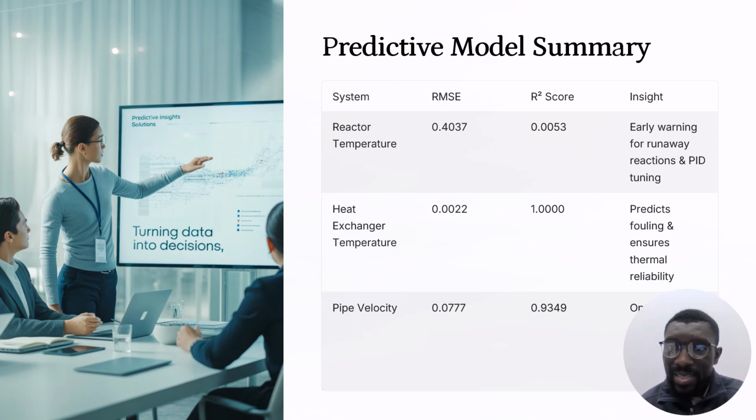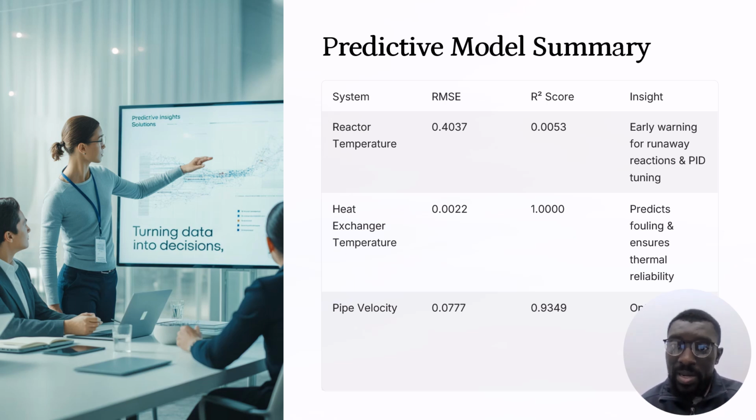The insight is early warning for runaway reaction and PID tuning. On the heat exchanger, we had a very small RMSE of 0.002, and the R square was actually high, which predicts the fouling and ensures thermal reliability.